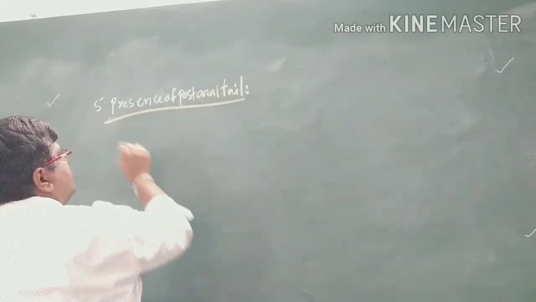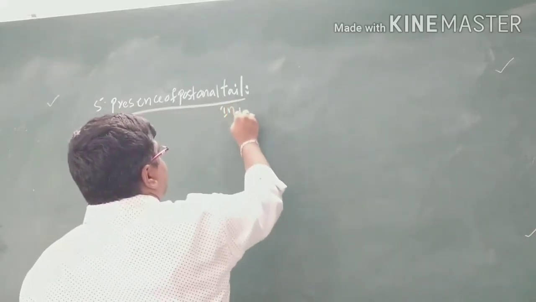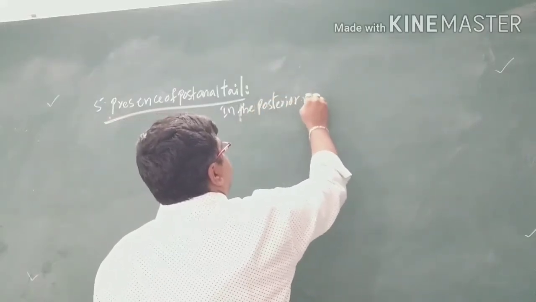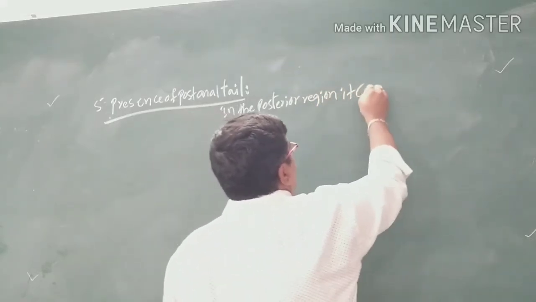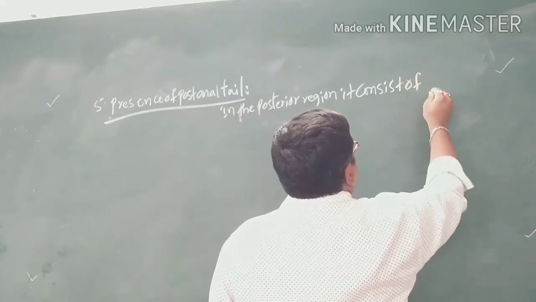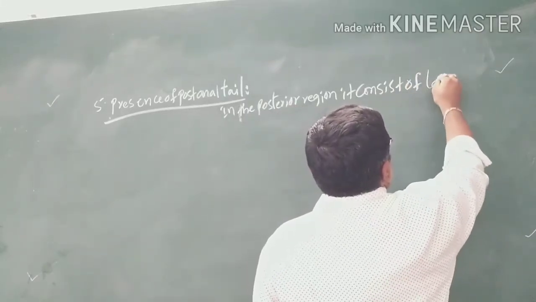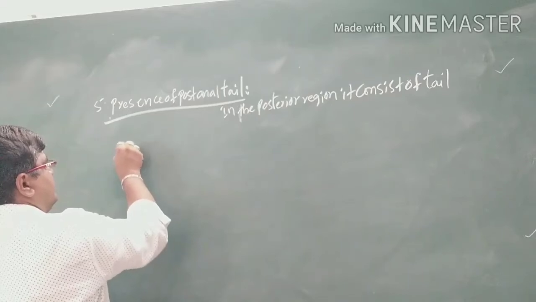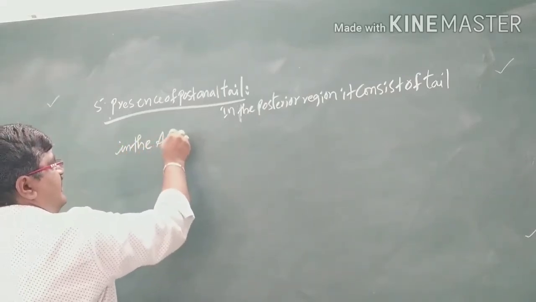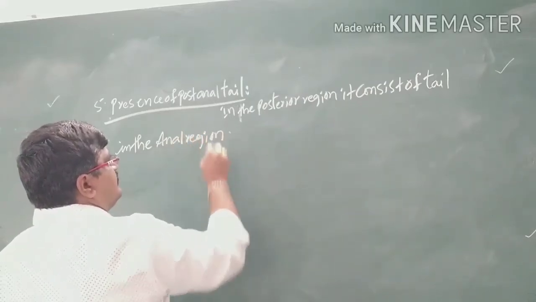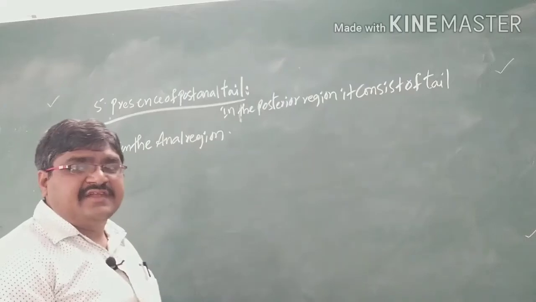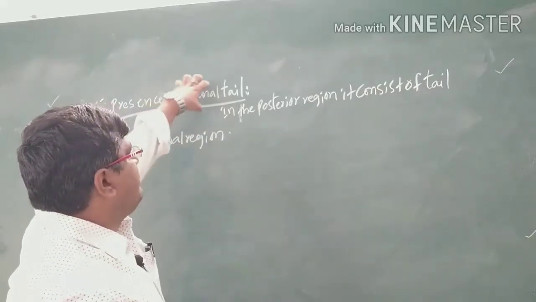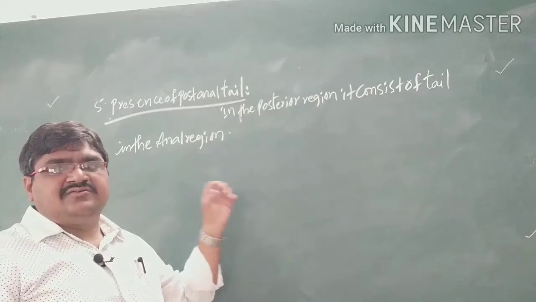So in the posterior region, there is a tail, in the anal region, where the anus is present. Here the presence of a post-anal tail is one of the characters.